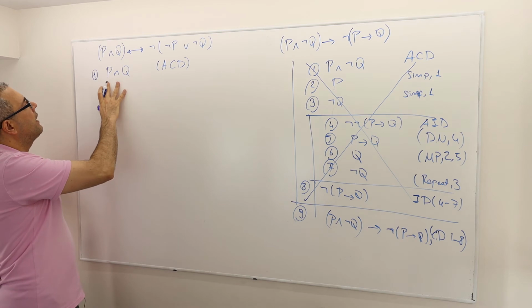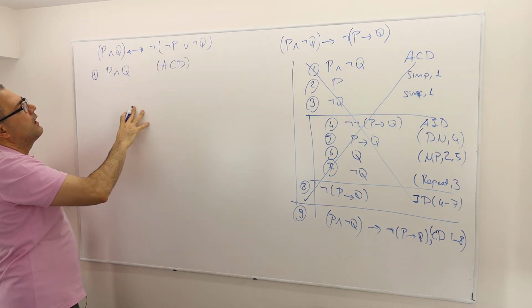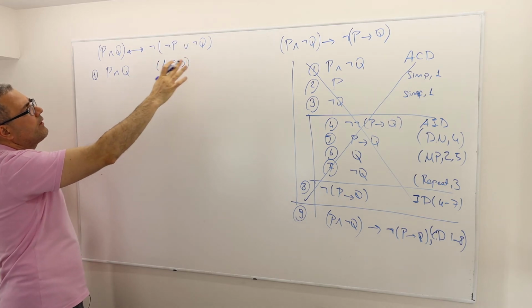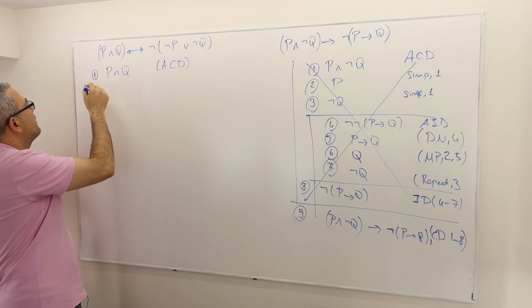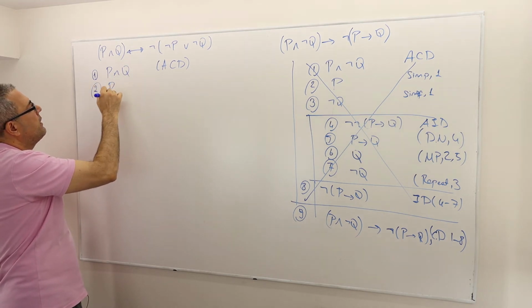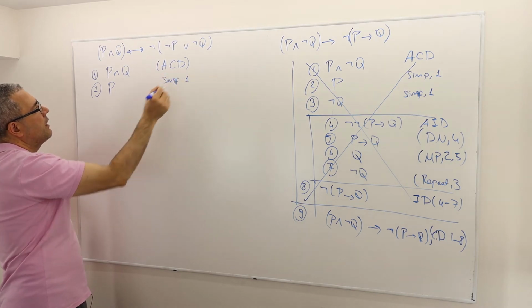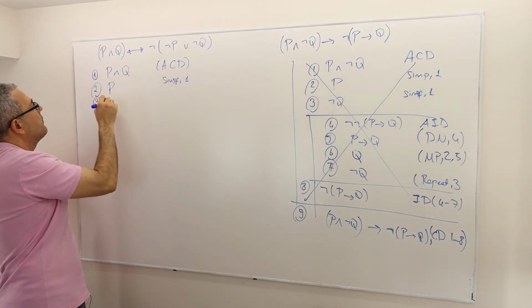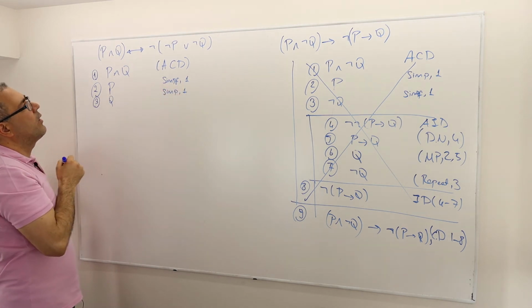Okay, so I assume P and Q, and I want to show this. So this is going to go with indirect derivation for sure, right? But let's start with simplification, right? If P and Q is true, P must be true. So that's the simplification of the argument in line 1, and similarly, Q must be true. Simplification in line 1. What else?